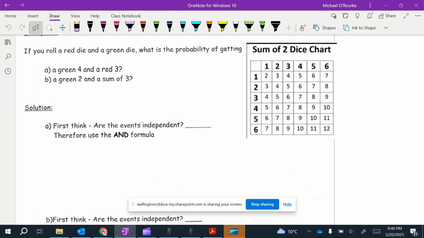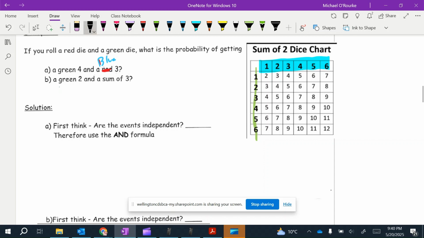So you roll a dice. I'm going to change that from red to blue. So we're going to roll a green dice, and we're going to roll a blue dice. What's the probability of getting a 4 on a green and a 3 on a blue? Now, when I roll those dice, one dice is not going to affect the other dice.